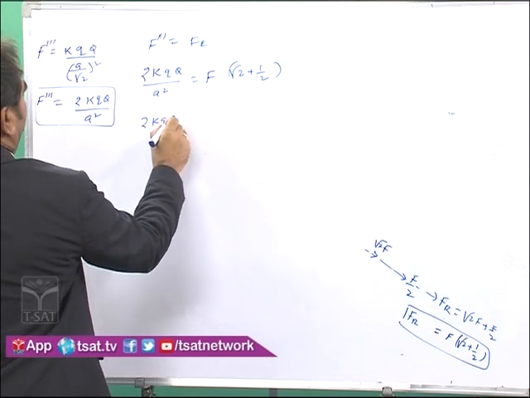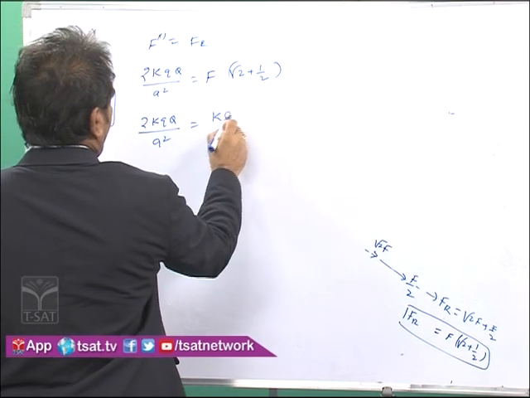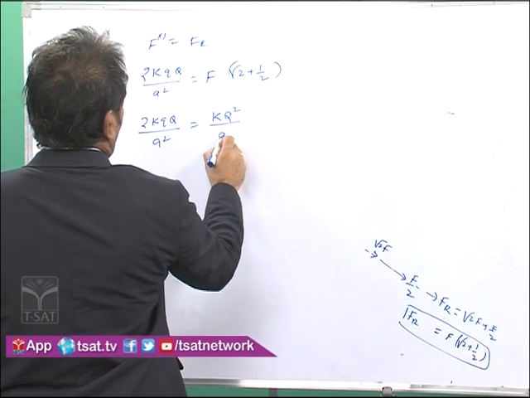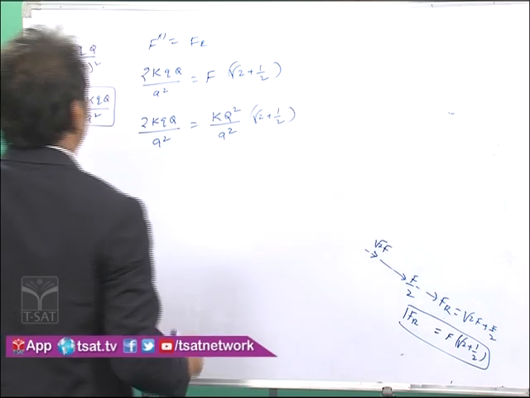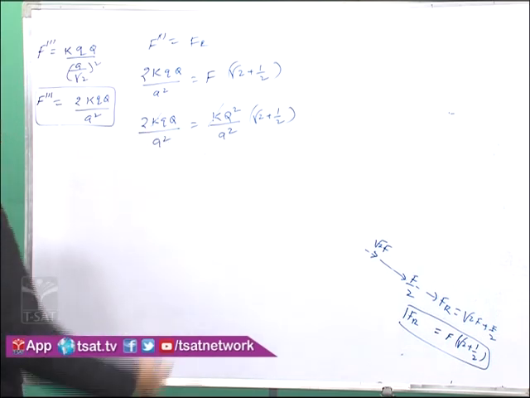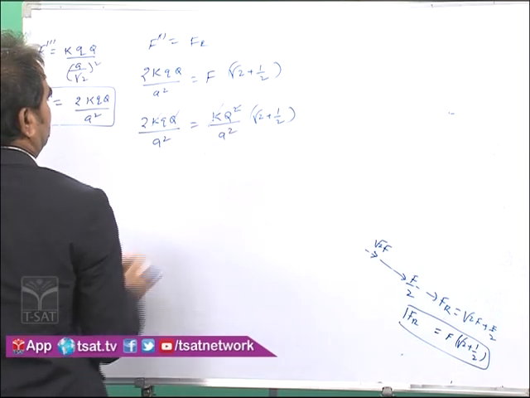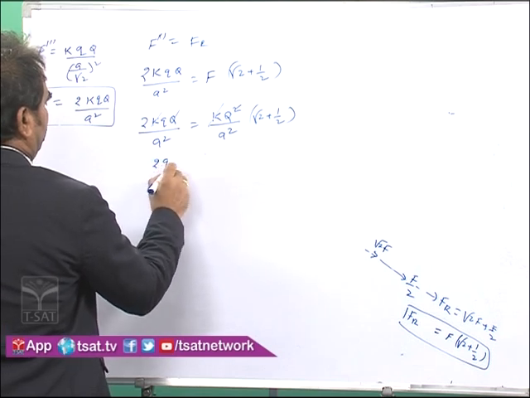2KQq upon a square is equal to F value, which is KQ square upon a square, into root 2 plus 1 by 2. On both sides K gets cancelled, and one Q also gets cancelled. Remaining value is 2q.